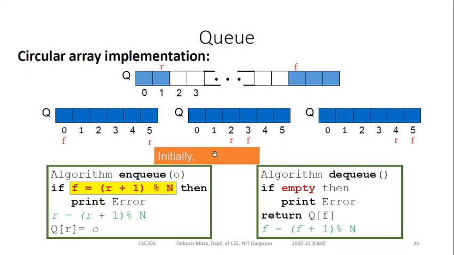Now this is also a full condition. Here, just try to visualize an imaginary wrapping around. This is your front element, at index 3.